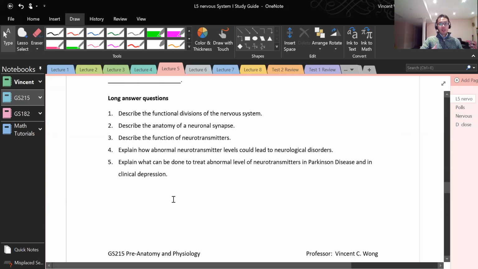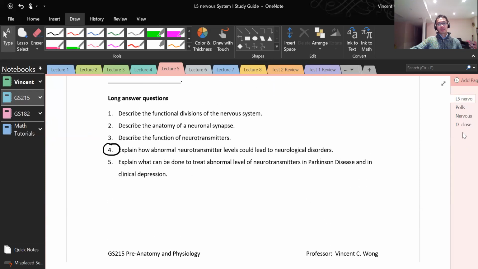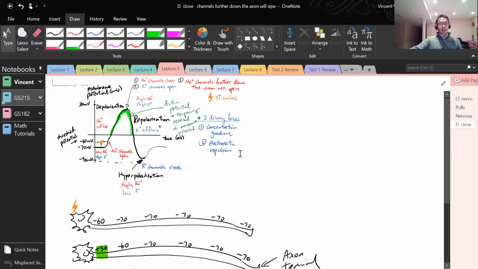Number 4. Okay. Yeah. So in order to do number 4, I actually have to talk about the neurotransmitter stuff as well. Anything else besides number 4? Okay. So let's go back to here.